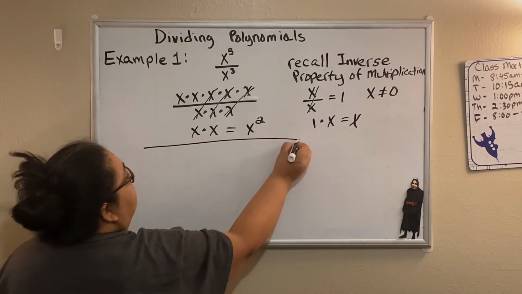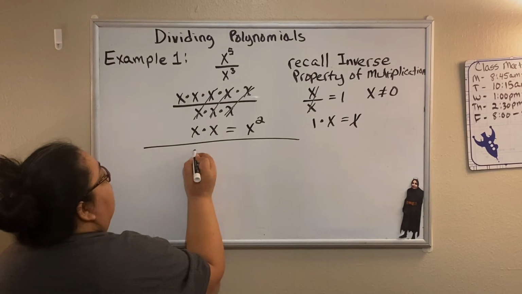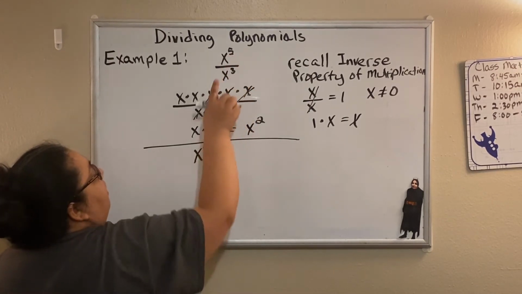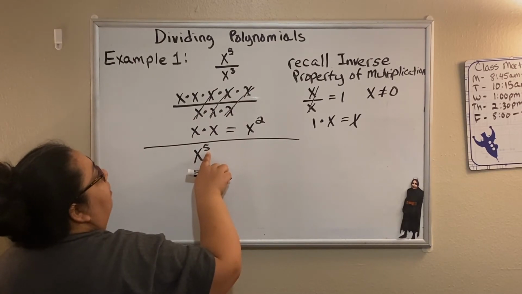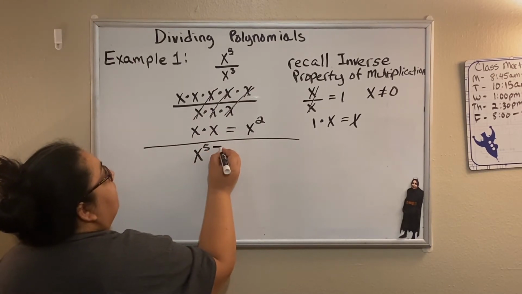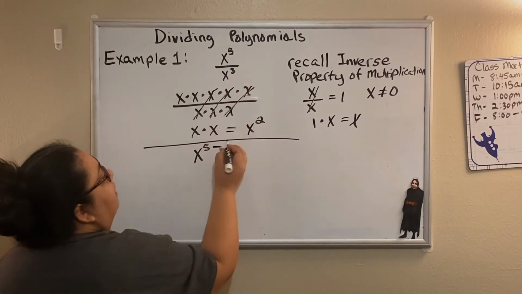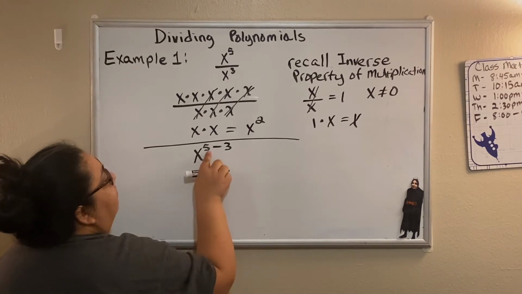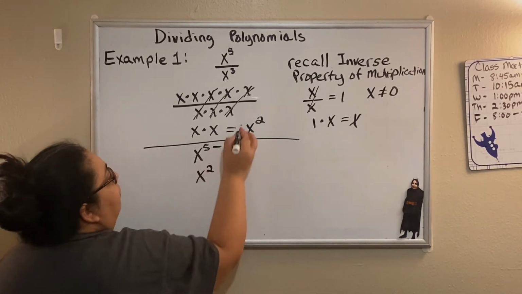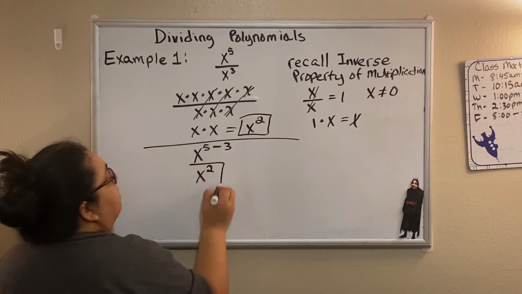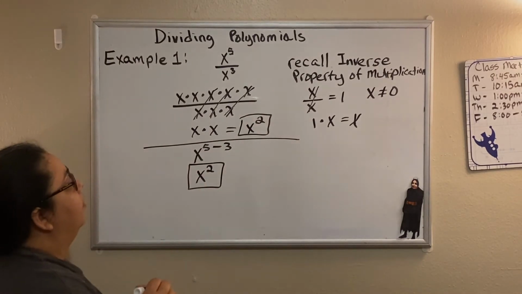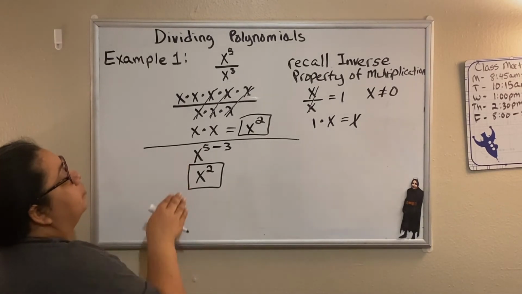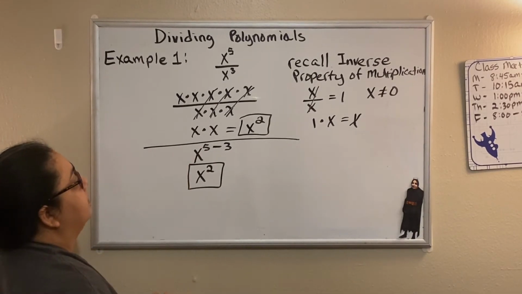Here's the alternate way: I would say x to the power of 5, that's the exponent in the numerator, and then we subtract the exponent in the denominator, which is 3. x to the 5 minus 3 is 2. And look at that, we get the same solution. So I would prefer you do it the second method, where you subtract the exponents.